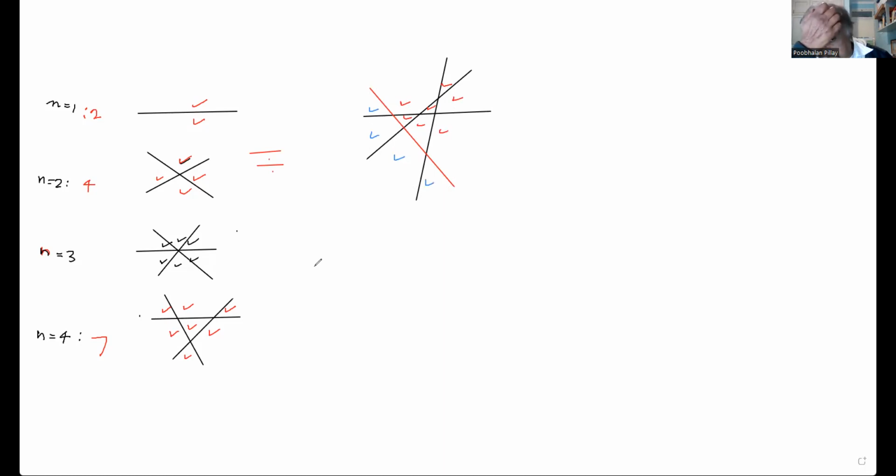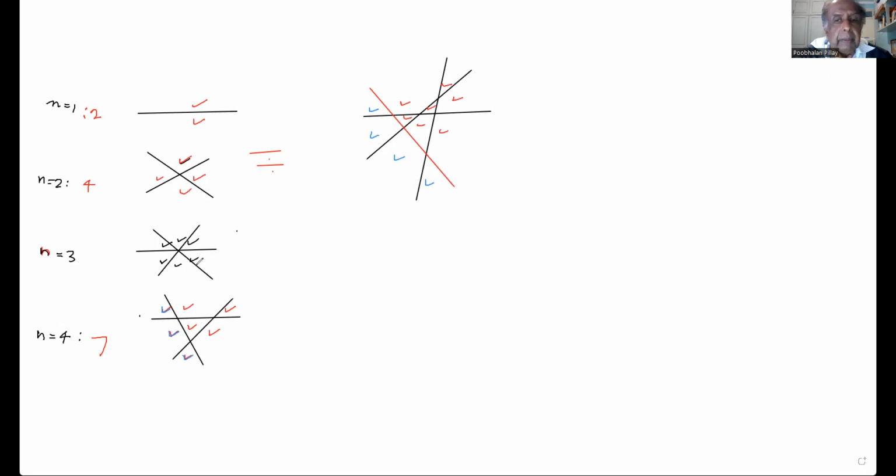And likewise, in this case here, when I had 4 regions, by drawing the third line, I created those 3 new regions. There were 4 on one side and 3 new regions.